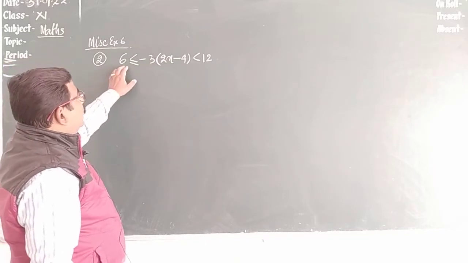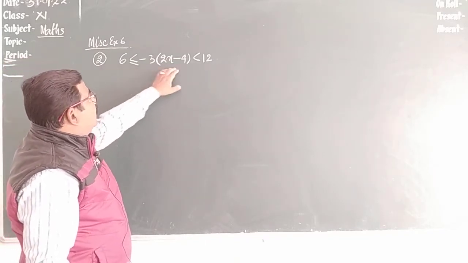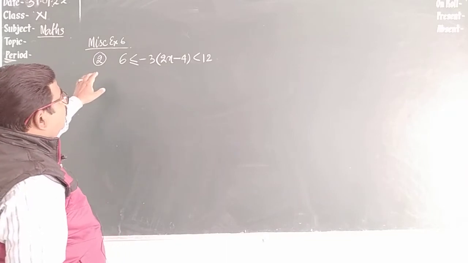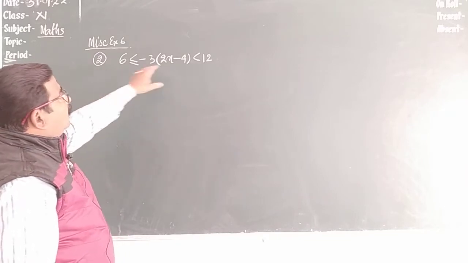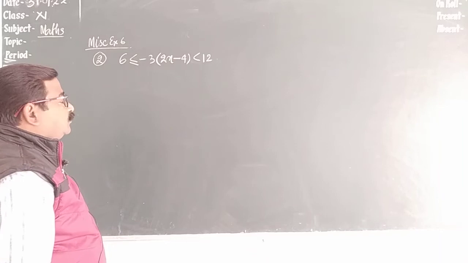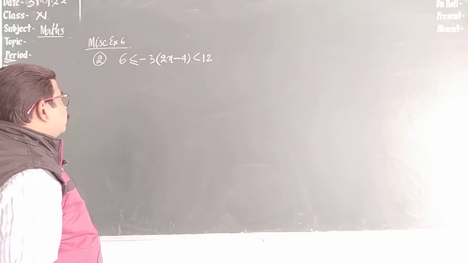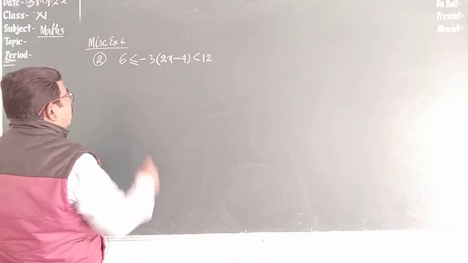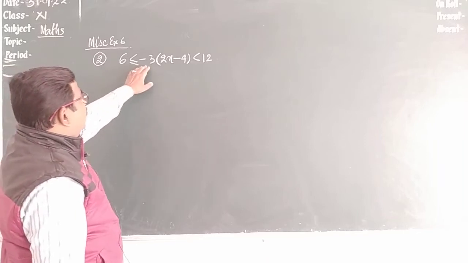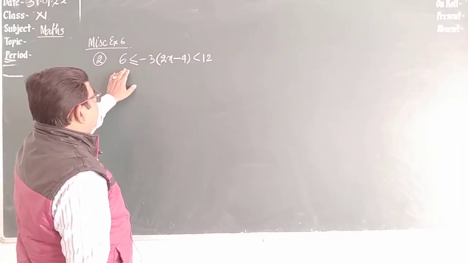First of all, multiply this minus 3 here, or you can divide the whole by minus 3. So let's see, when you divide this by minus 3, this inequality will change.